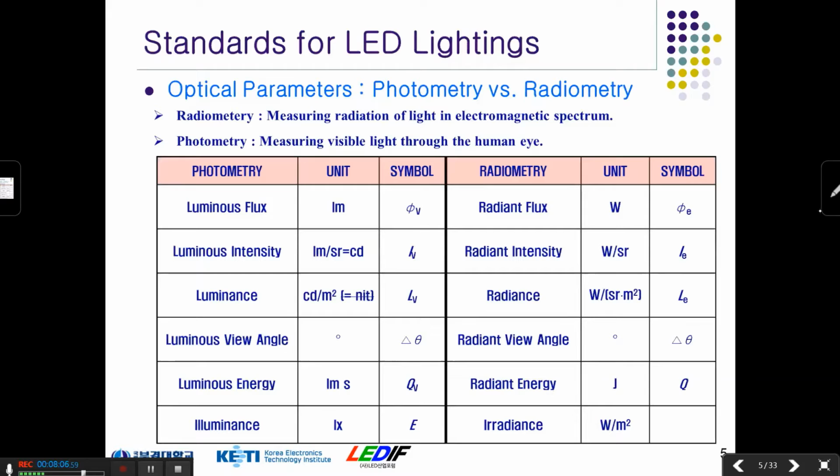As I presented, photometry is measuring visible light through the human eye. The optical performance parameters such as luminous intensity in the unit of candela, luminous flux in lumen, and illuminance in lux were explained in the previous presentation. In this presentation, luminance in the unit of candela per meter square will be explained.